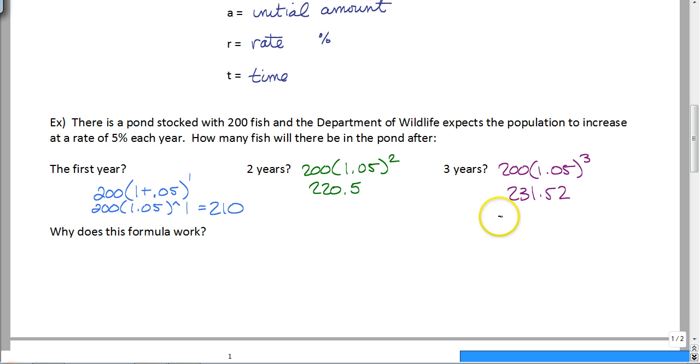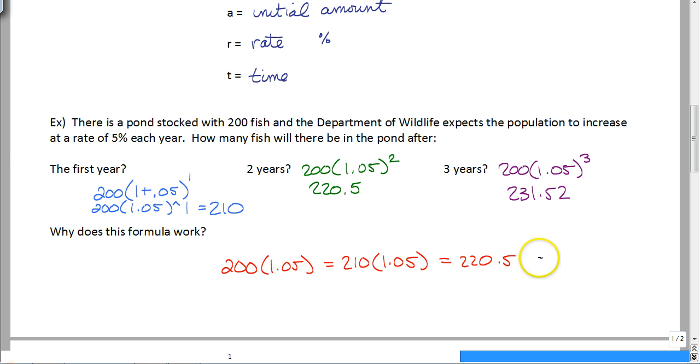The reason why is to give you an example of why the formula works. You are not adding 10 fish every time, because you're doing 200 fish, and then you multiply that by 1.05 the first time, and that gives you 210. Then you multiply that by the 1.05, which is what gave you the 220.5, and then again you multiply by 1.05 to get your 231.52.